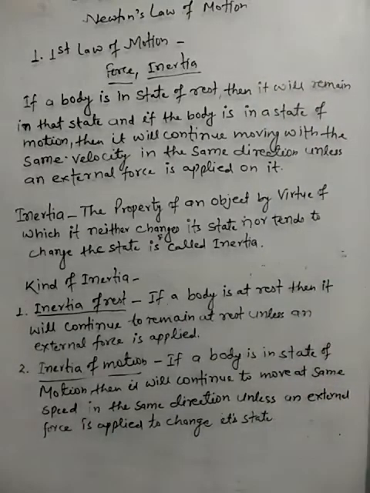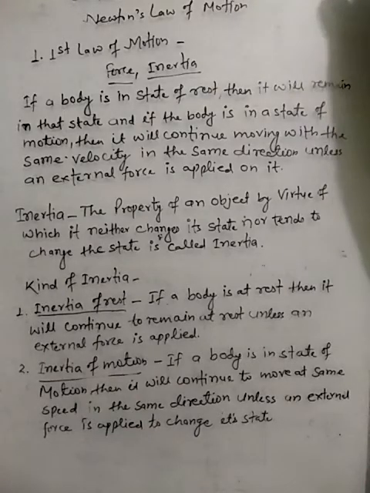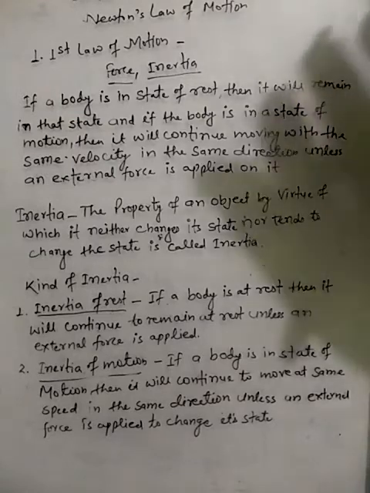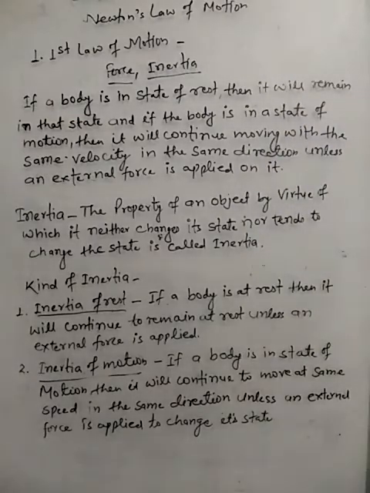It means that an object remains in its initial state in the absence of an external force. The state is either the state of rest or the state of motion with uniform velocity. In both cases, the object has a tendency to maintain its initial state.